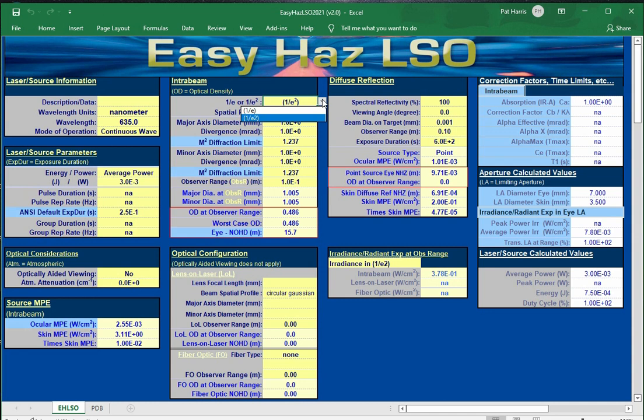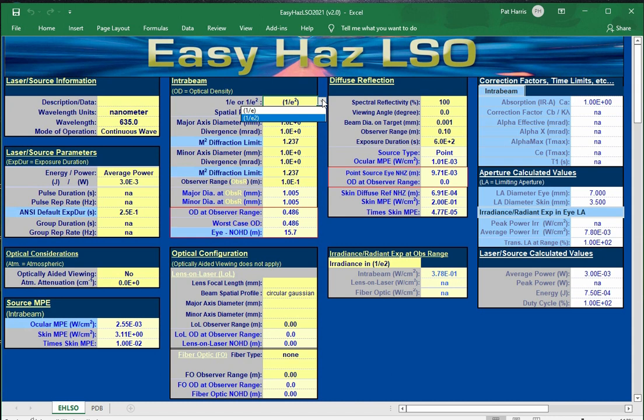It's laser safety folks who work in 1/e because we're interested in peak irradiance, not average irradiance. If you take the beam diameter in 1/e, calculate the area, and divide it into the power, it gives you peak irradiance. If you take the beam diameter at the 1/e squared points, calculate the area of the beam, and divide that into the power, that gives you average irradiance.